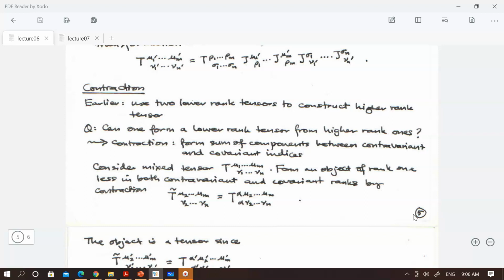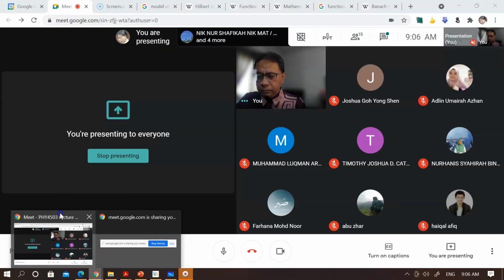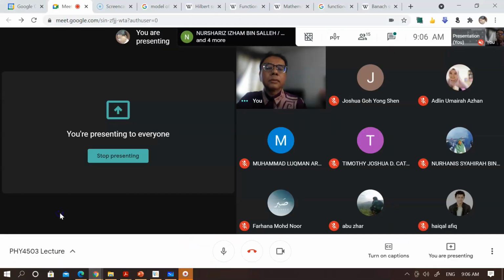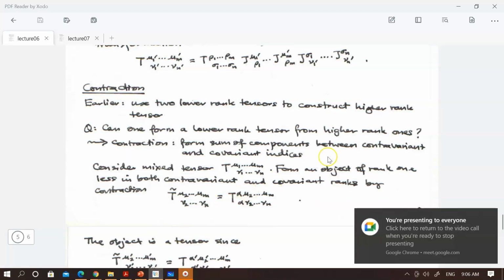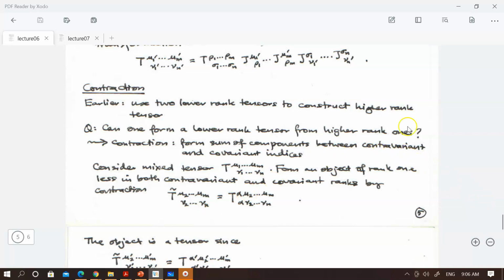This is possible, and we have probably seen this in different contexts when we do summation of indices. This is the summation of indices, generally called contraction.